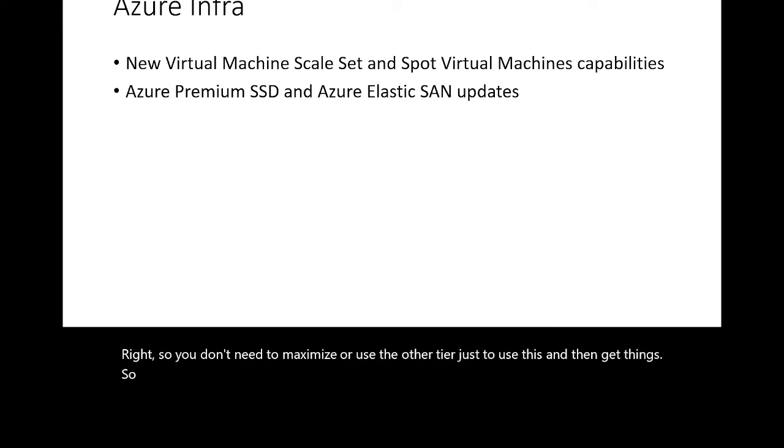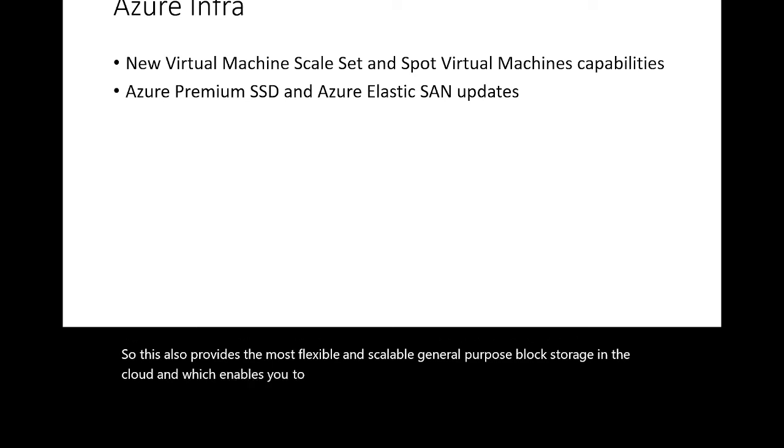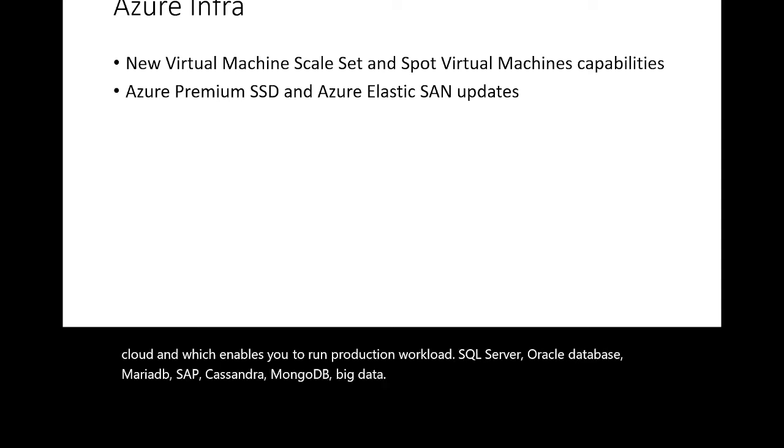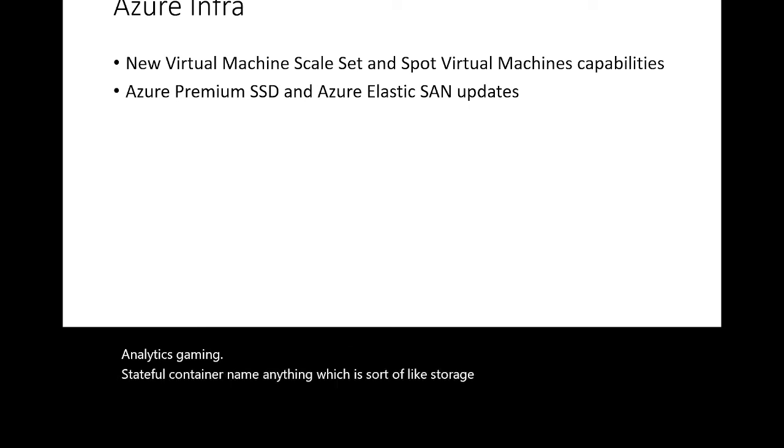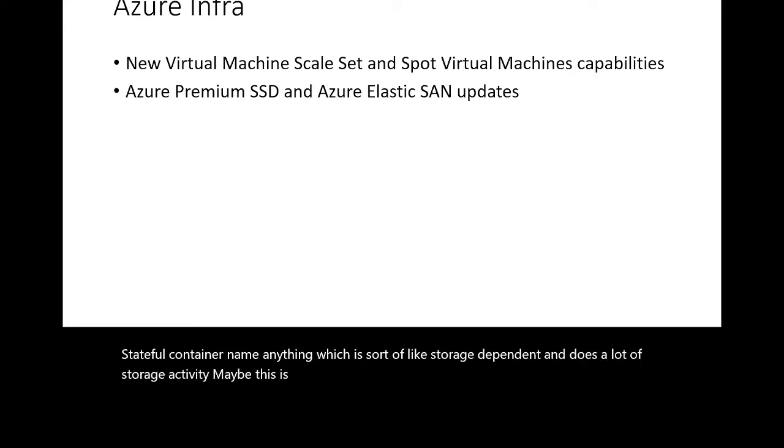This also provides the most flexible and scalable general purpose block storage in the cloud, which enables you to run production workloads like SQL Server, Oracle Database, MariaDB, SAP, Cassandra, MongoDB, Big Data, Analytics, Gaming, stateful containers, and name anything which is storage dependent and does a lot of storage activity. Maybe this is the solution for you.